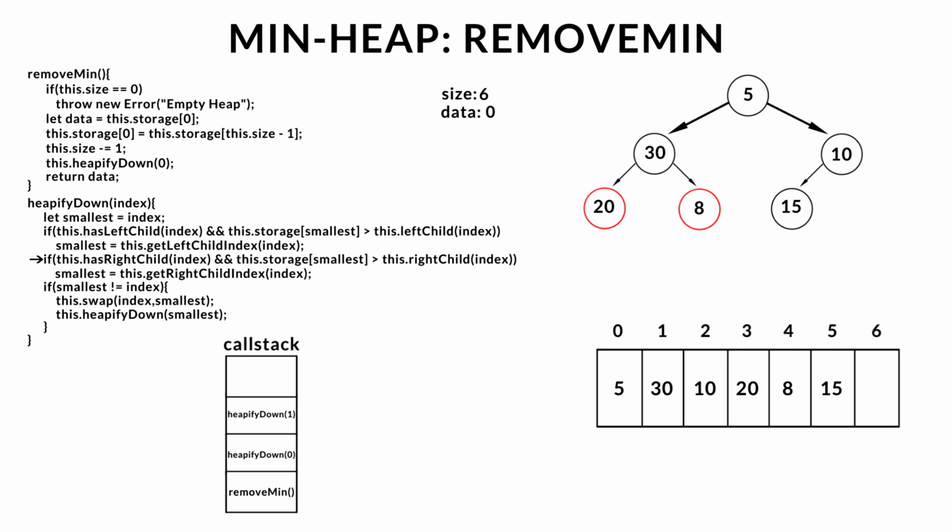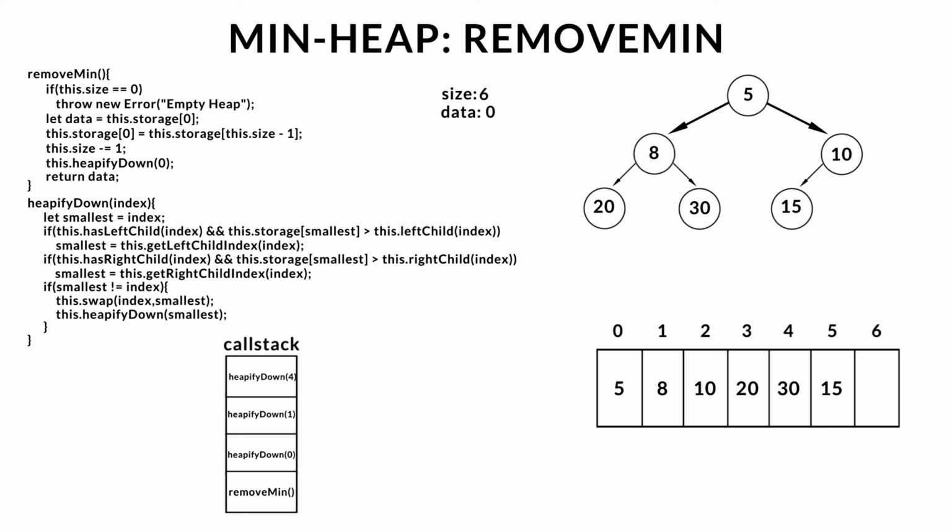Yes, it is. So we set our smallest to the right child. Now that we got our smallest, let's go ahead and execute our last if statement. So smallest does not equal index, so we could go ahead and swap. We then go ahead and continue traversing down the tree by recursively invoking our heapifyDown method. So let's go ahead and push this on top of the stack.